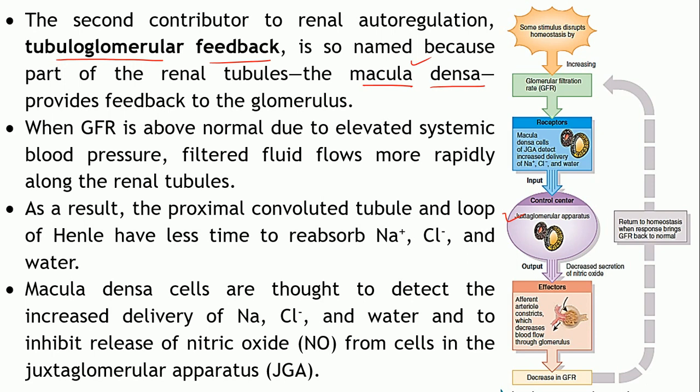So when the GFR is above normal, if due to disruption of the homeostasis the GFR increases, this macula densa will sense the composition of the filtered fluid. As the GFR increases, the fluid will flow too quickly, right? So what will happen to the reabsorption processes? It doesn't take place normally, right?